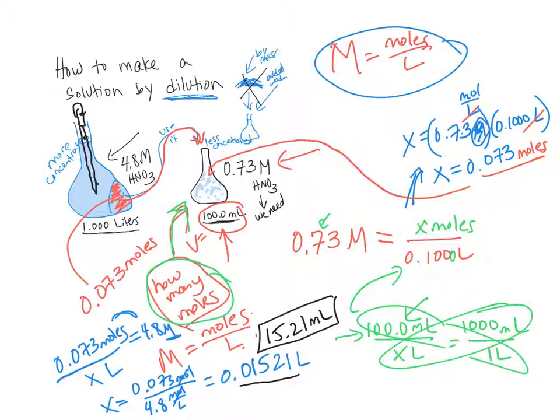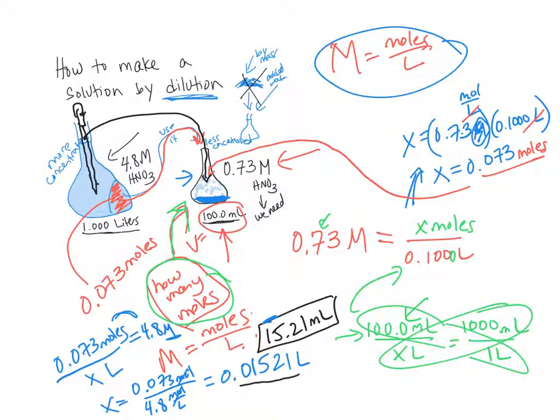And then you will put that in here, and that's not going to fill this whole flask up. It's just going to go down to here. So just a little bit, 15.2. This is a 100 milliliter flask. We're putting in only 15 milliliters. But now we're going to dilute it because we're going to add water.